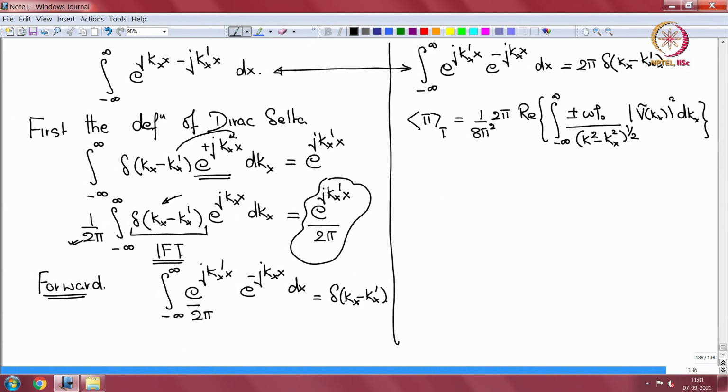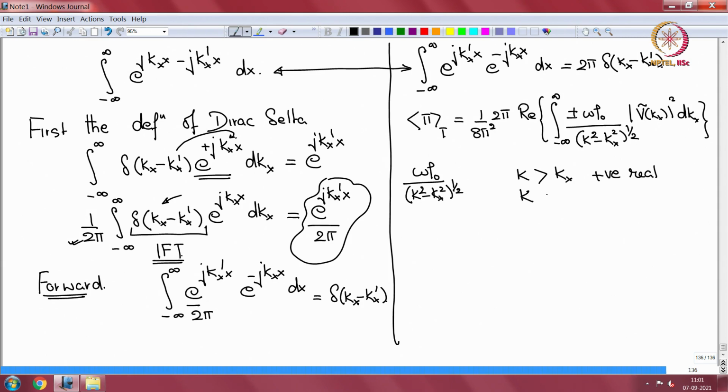Okay. Now with this expression we had said before that k square minus kx square, if k is greater than kx, then we have a real value, we'll take the positive real root.